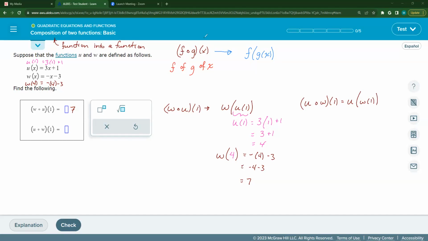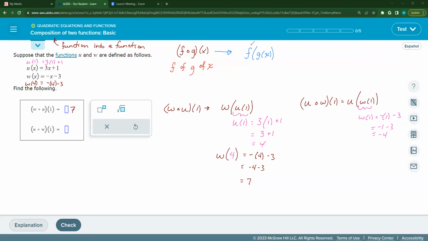All right, so we're going to start with my W of 1. So W of 1, we're looking at the W equation. Instead of an X, we're going to put a 1. So this is going to be a negative, and then 1 minus 3. Negative 1 minus 3 is negative 4. So W of 1 is the same thing as negative 4.